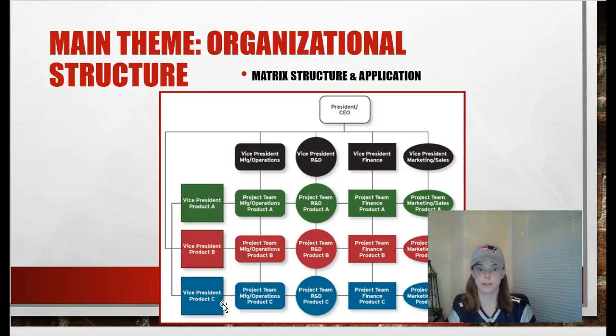The next one is the matrix structure. This is always exciting when you mix different forms, different groups and styles of leadership. And so we see this represented here in this form where you've got products and functions. So you might have a team in a large-scale nonprofit where they're working towards a particular product or service.